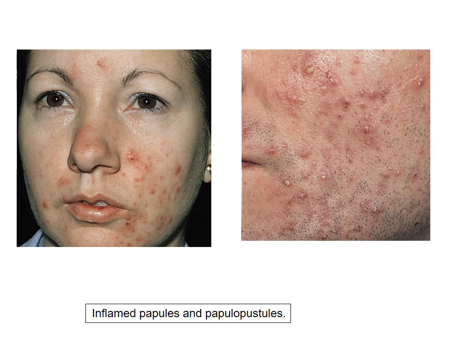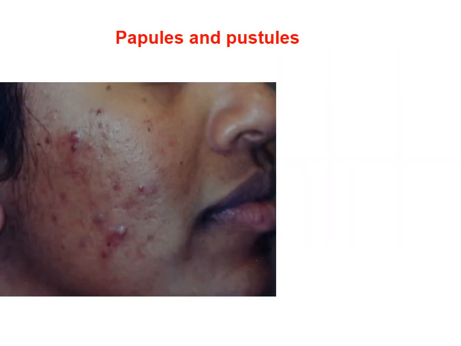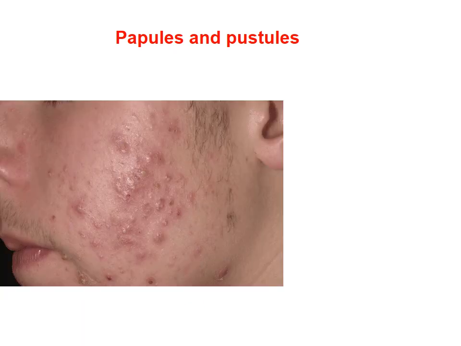In addition to the pustules, also some papules, some comedones, but the dominant lesion is pustules. Still, papules and pustules are the dominant lesions, so this is a moderate case of acne also. Another moderate case. Pustules, as you see here.